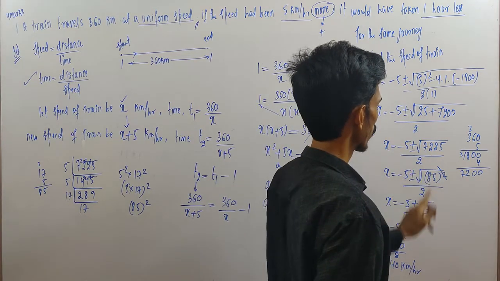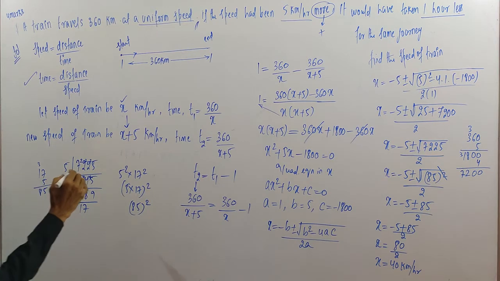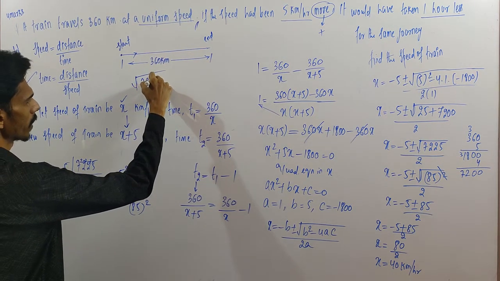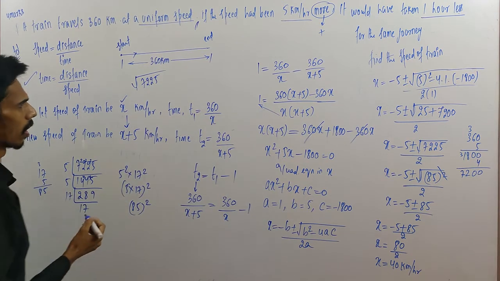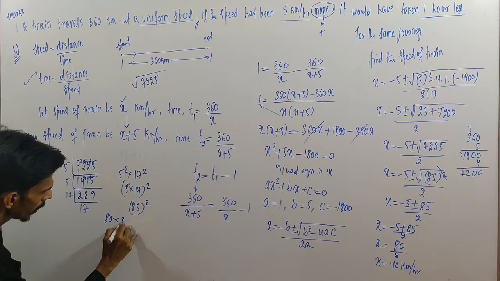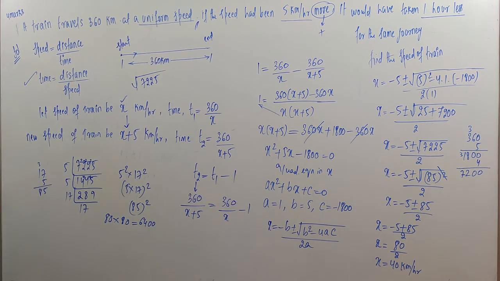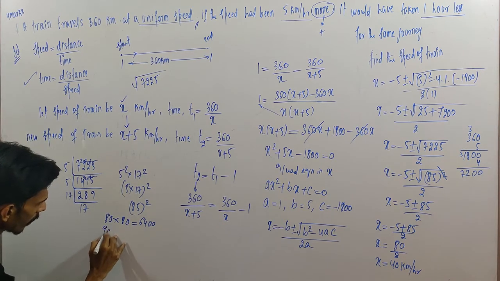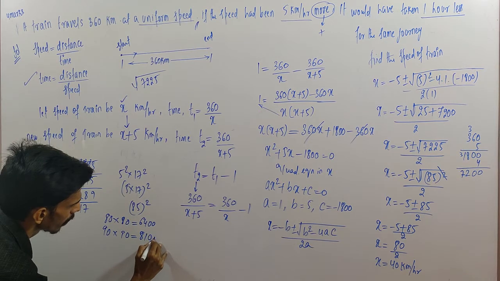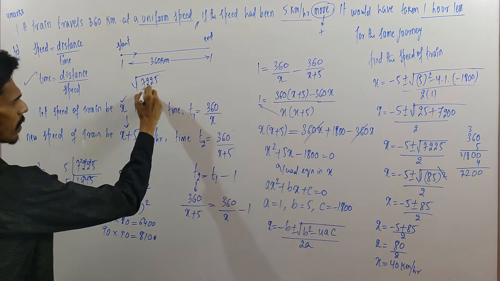Here we have to find out the square root of 7225. We know that 80 into 80, we have 8 into 8, we have 6400. 90 into 90, we have 9 into 9, we have 81, so 8100.